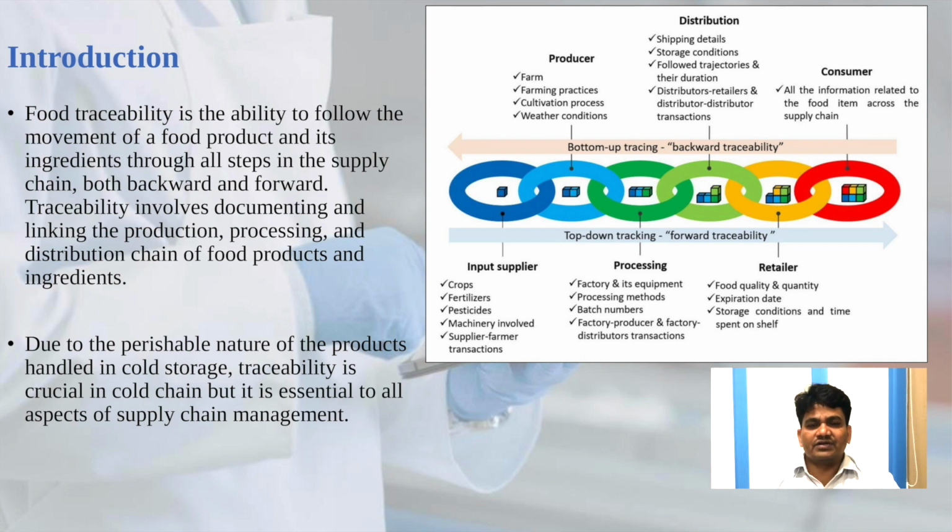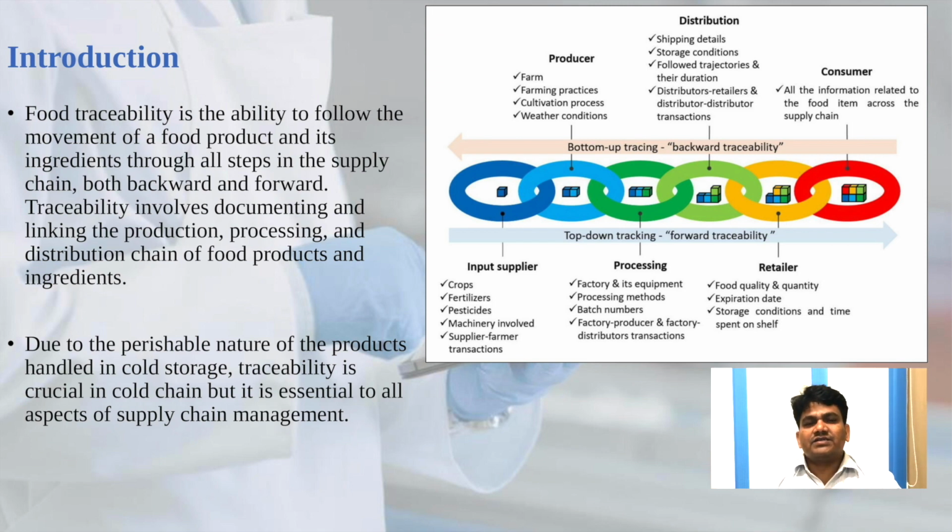What kind of information will be dealt with, and who are the major stakeholders dealing with backward traceability and forward traceability? Traceability involves documenting and linking the production, processing and distribution chain of food products and the ingredients as well.